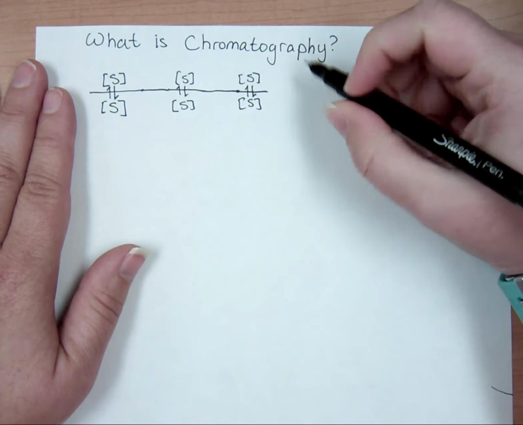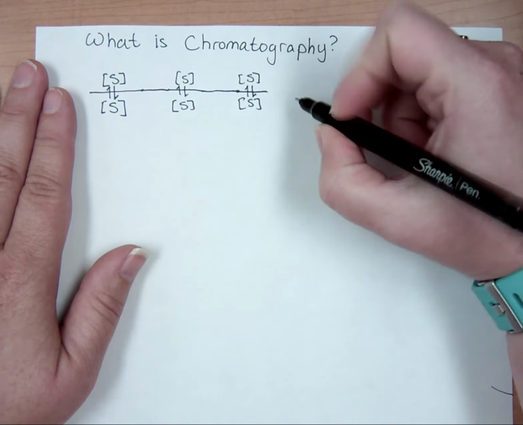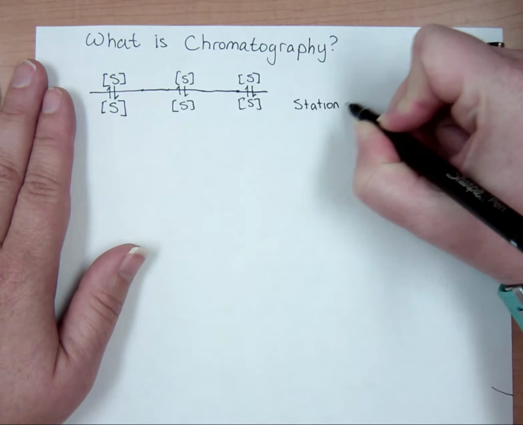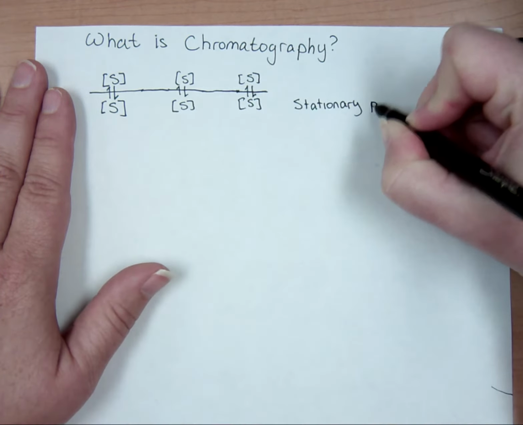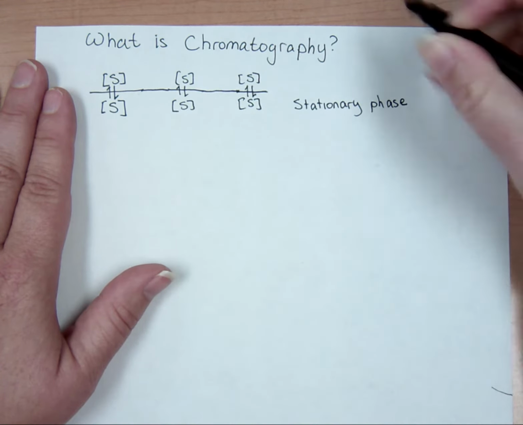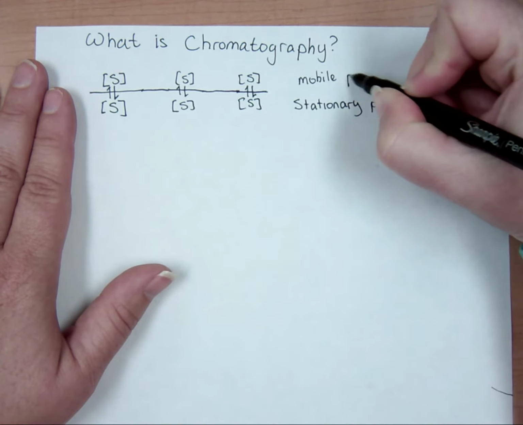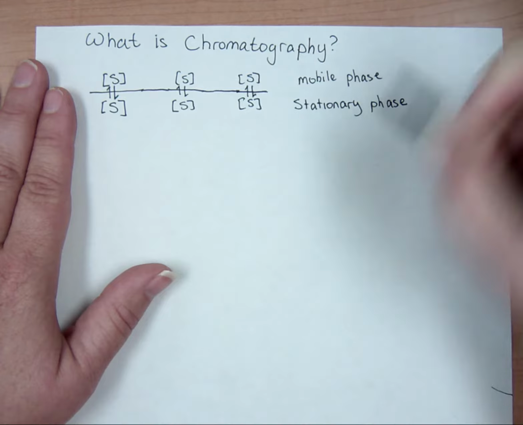And so we still have two phases here, but in this case, one phase is called the stationary phase and is not moving during these extractions. The other phase, called the mobile phase, is moving during these extractions.